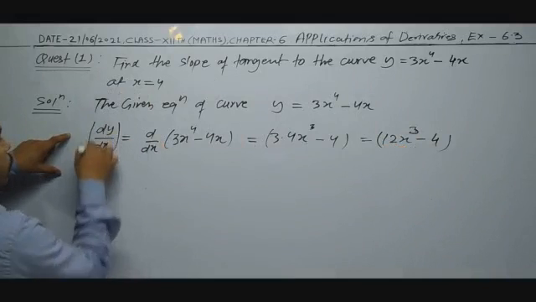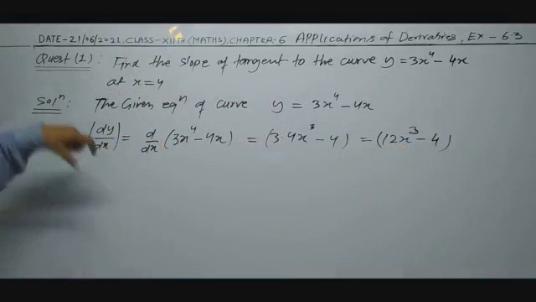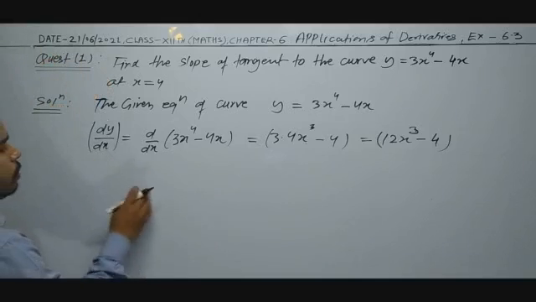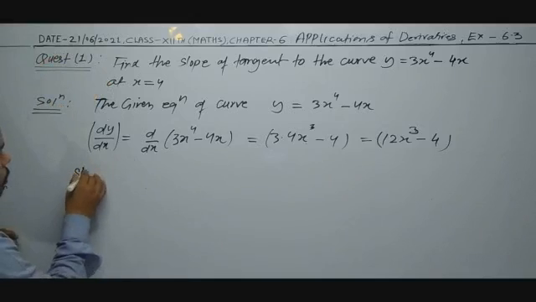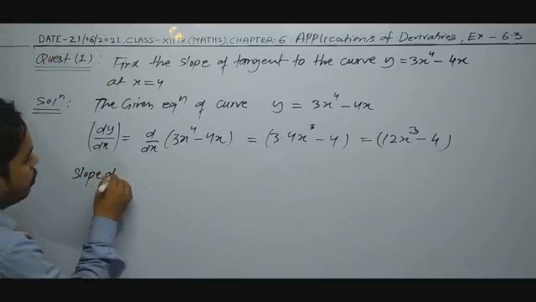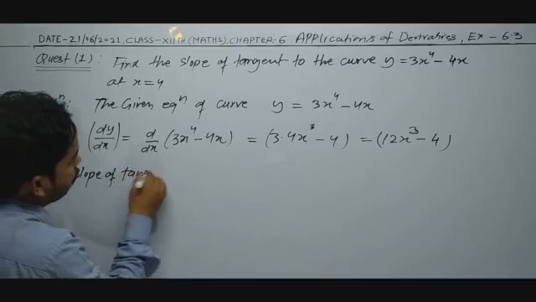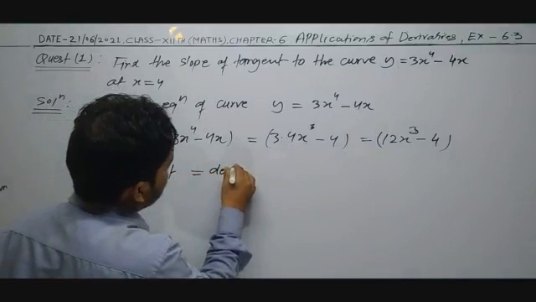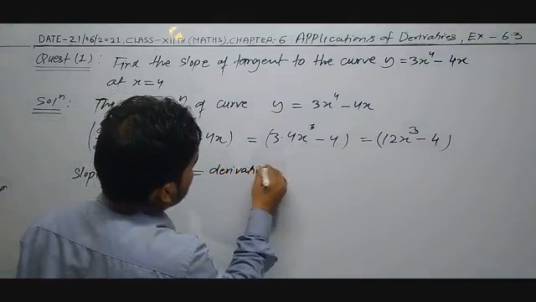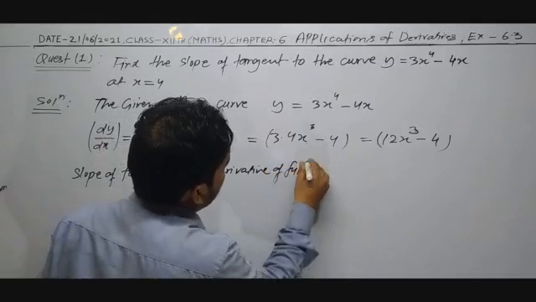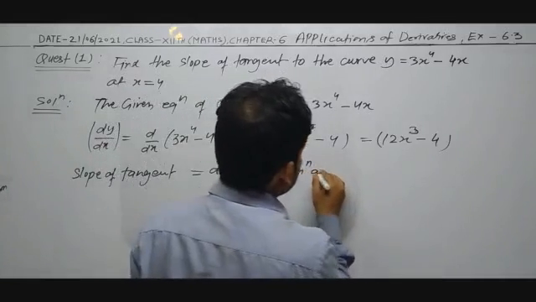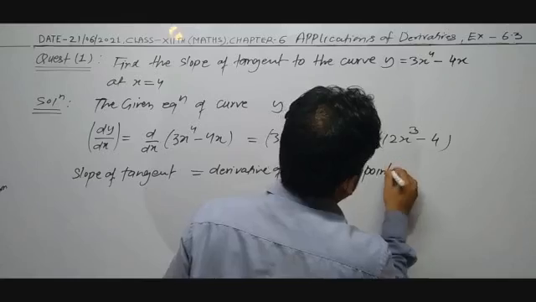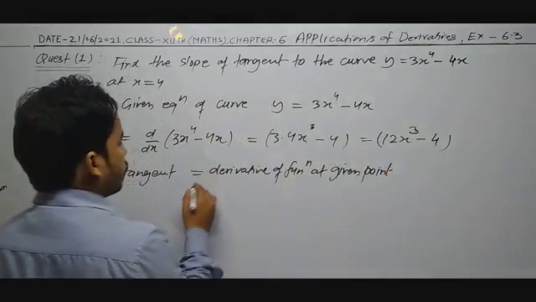This is the derivative of the function, and the derivative of the function is always equal to the slope of the tangent. So slope of tangent is equal to the derivative of the function at a given point.